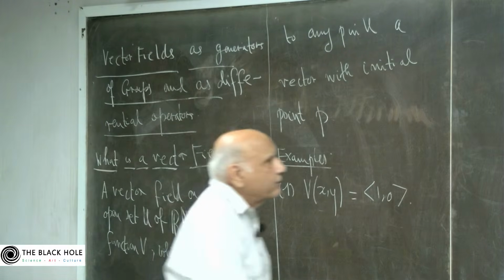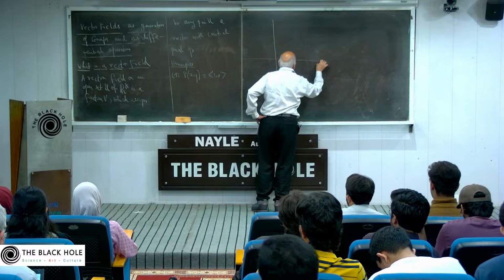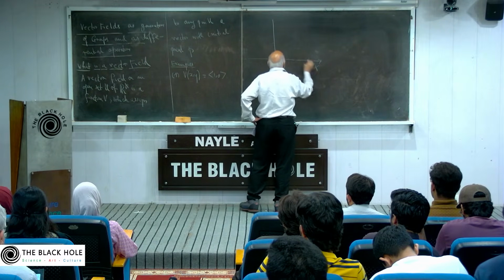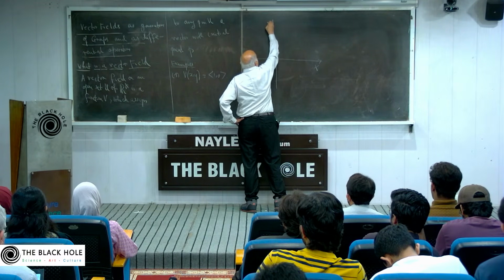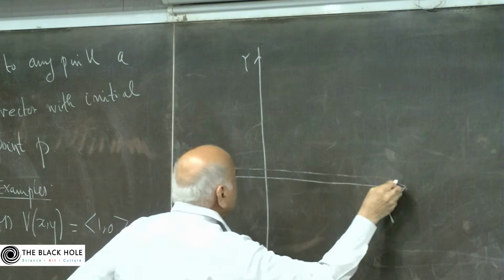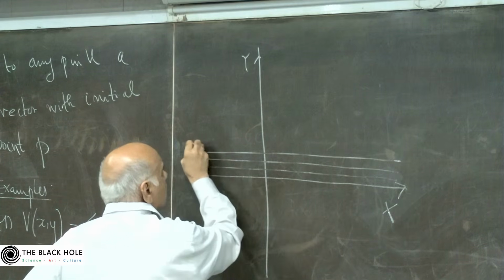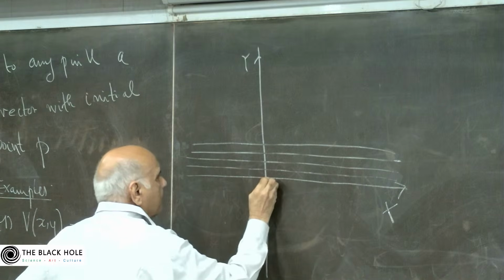So how would it look like? This is the x-axis, this is the y-axis, and just to orient, I am going to draw a grid. This is the origin.